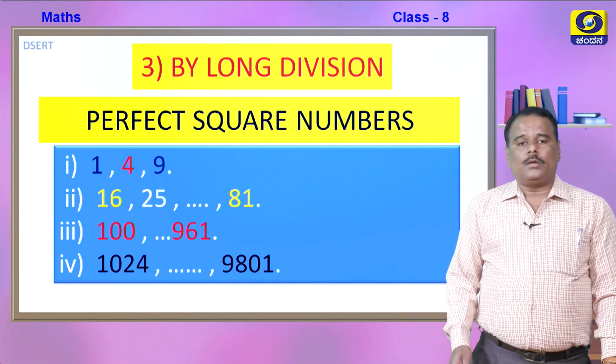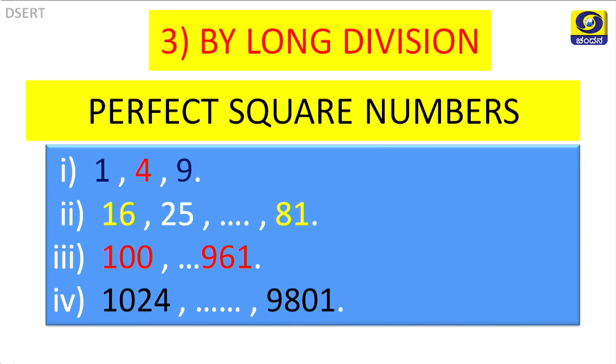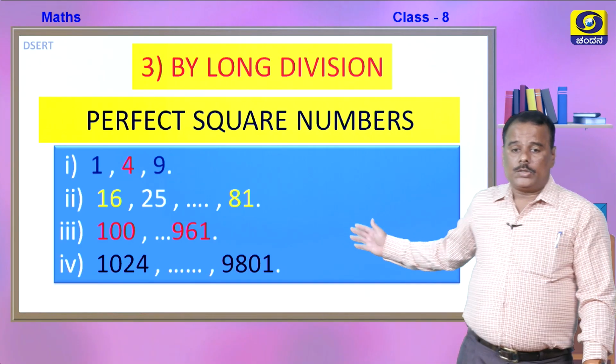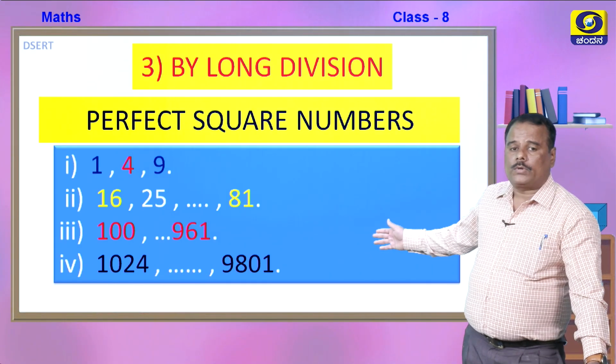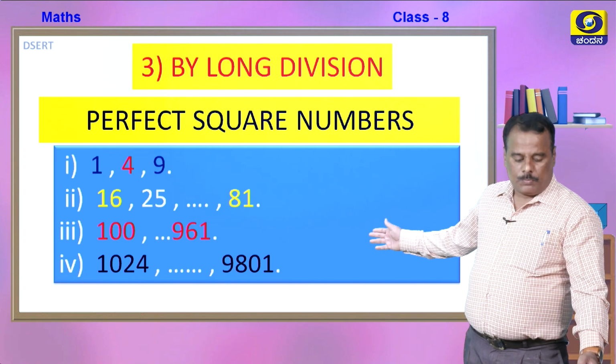And look at the smallest one digit perfect square number and the largest one digit perfect square number. In the same way, the smallest 2 digit and largest 2 digit perfect square numbers, smallest 3 digit and greatest 3 digit perfect square numbers, and smallest 4 digit and the largest 4 digit perfect square numbers. These we have to keep in mind.